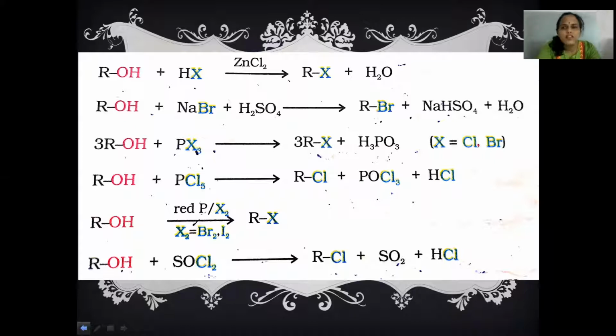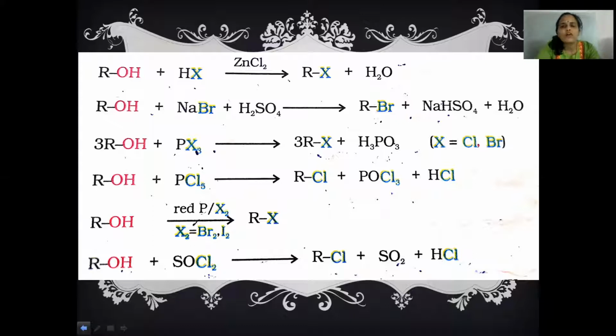Tertiary alcohols give immediate precipitation, secondary alcohols give a precipitate after 5 minutes, and for primary alcohols there is no reaction. That's how you can differentiate primary, secondary and tertiary alcohols.